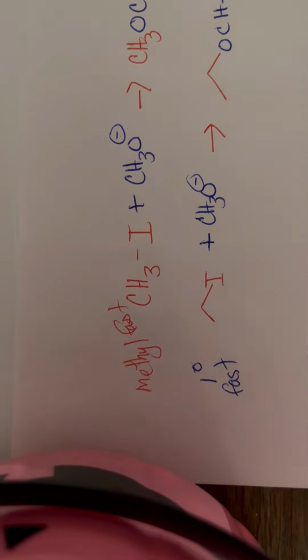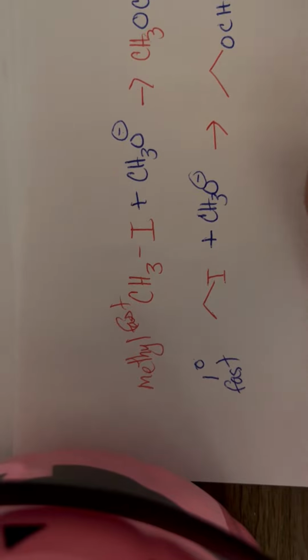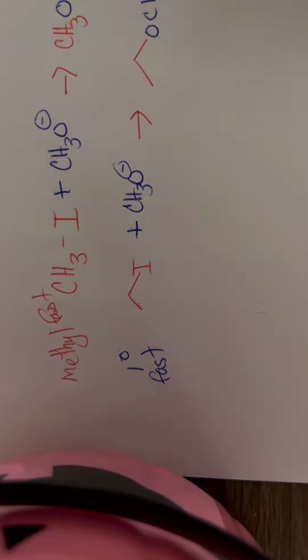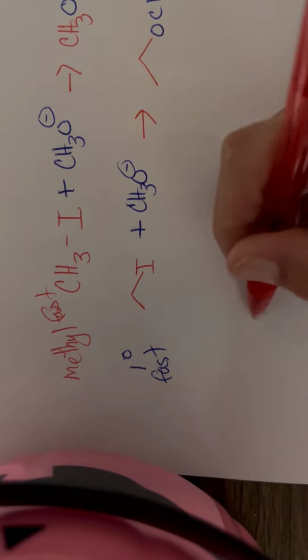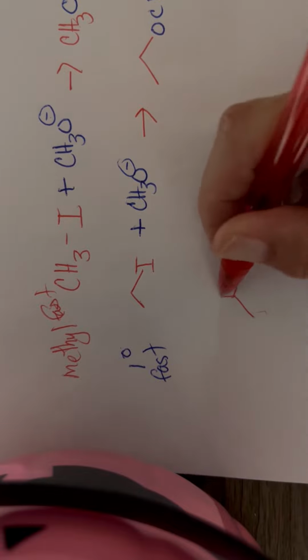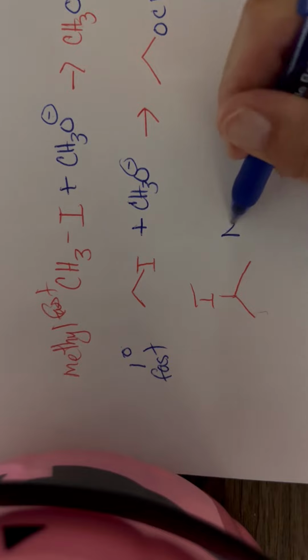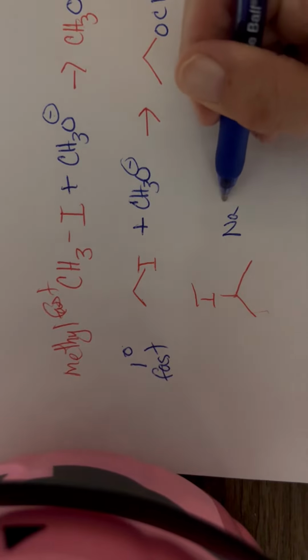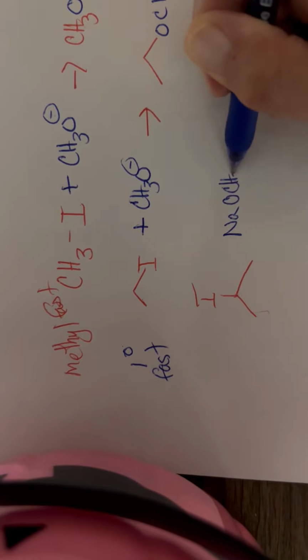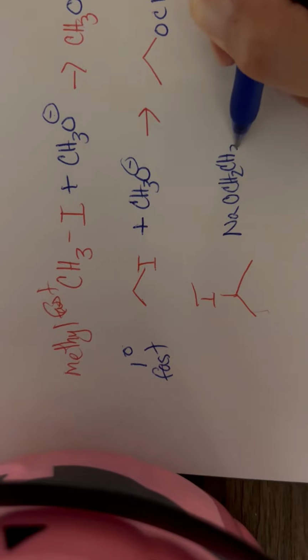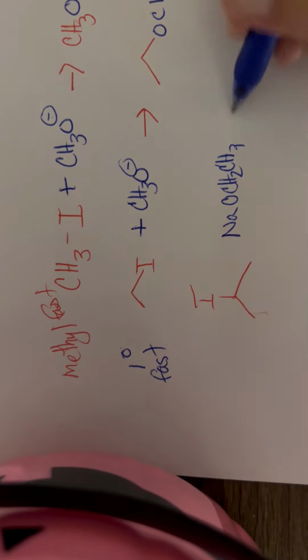Secondary, if I look here, and I put my iodide here, and this time I'm just going to do NaOCH2CH3. I'll use the ethoxide.